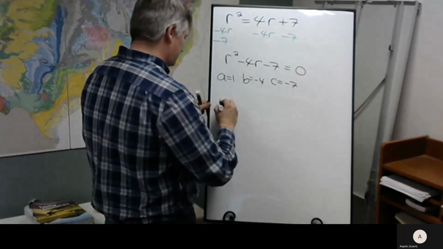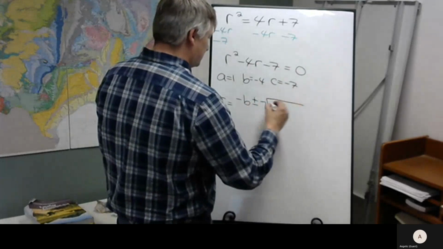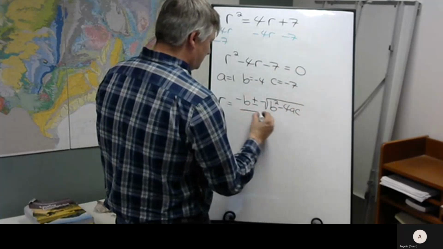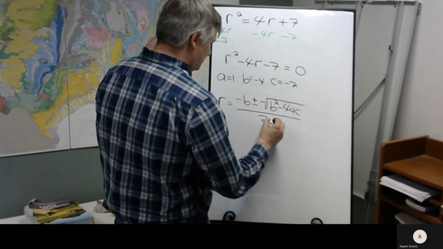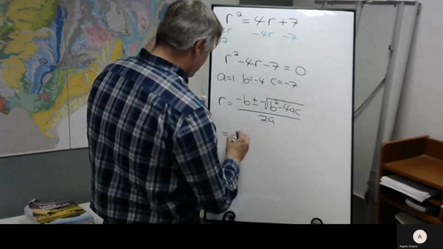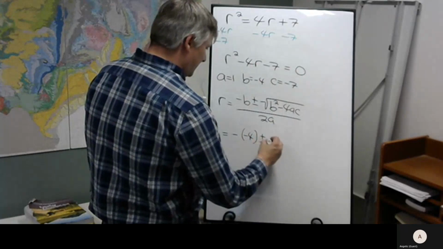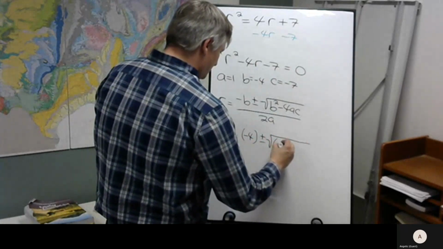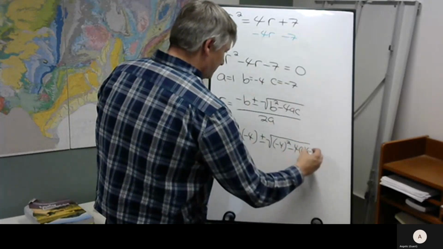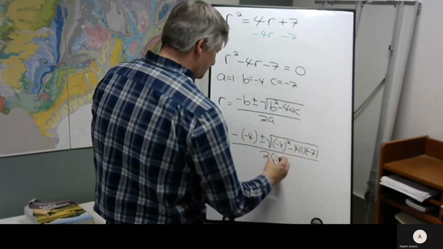So r is -B plus or minus the square root of B squared minus 4AC, divided by 2A, or -4 plus or minus the square root of -4 squared minus 4 times 1 times -7, over 2 times 1.